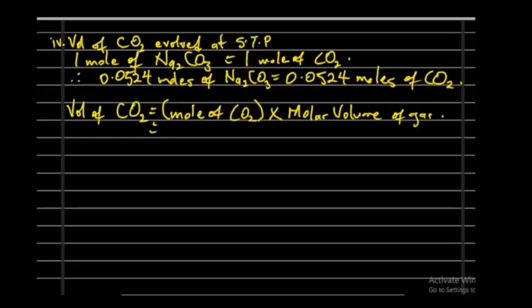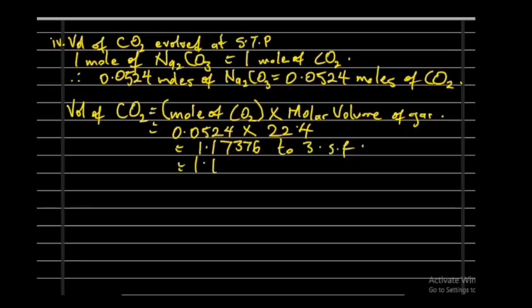So that is here giving us 0.0524 multiplied by 22.4. So eventually that is going to give us 1.17376. And to three significant figures, it is giving us 1.17 dm cube. That is the volume of carbon dioxide that is evolved at STP.